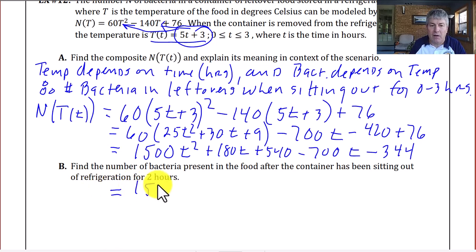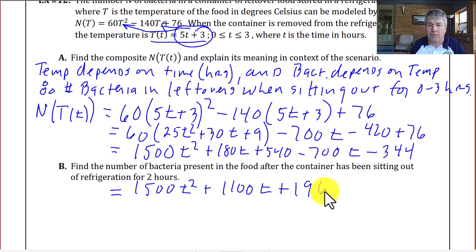We get a final function of 1500t squared plus 1800t plus 196. That's 1800t and not 180t.